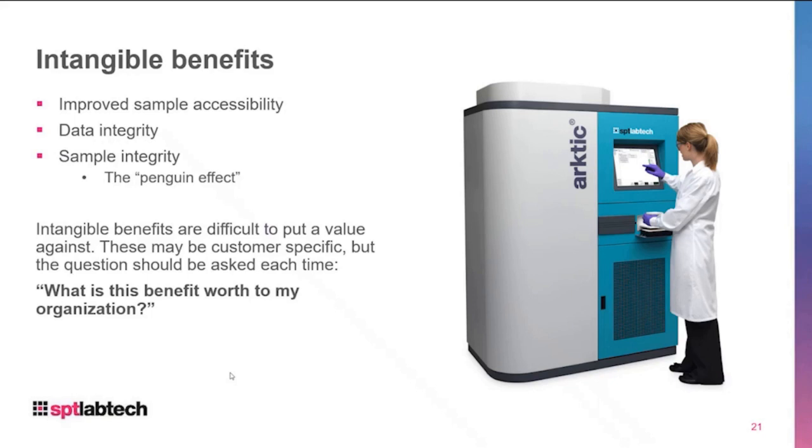Improved sample accessibility, so it's easier to find samples when you need them. The automation does the looking for you. Data integrity has always been a hot topic, but it's becoming more prevalent over time. It's the accuracy of the data that you generate, because ultimately we have to trust the data in our process.